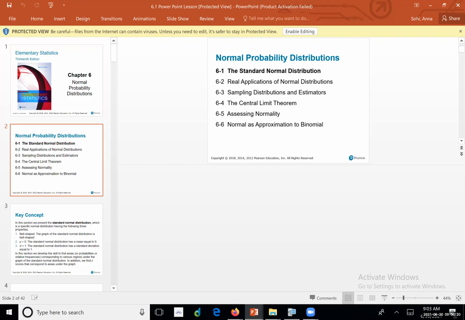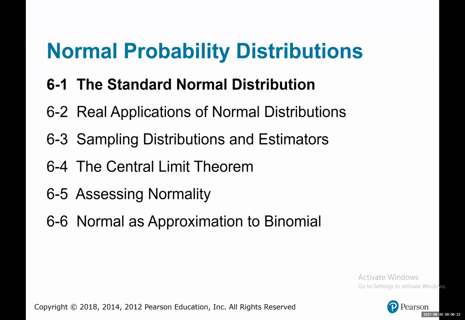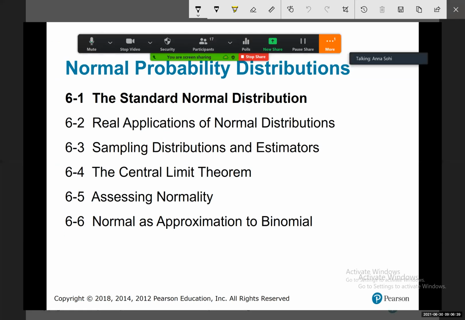The sections that we will cover today will be the standard normal distribution and real applications of normal distributions, which I'm going to give you calculator commands for. The sections that we're going to cover are 6-1, 6-2, and 6-4.